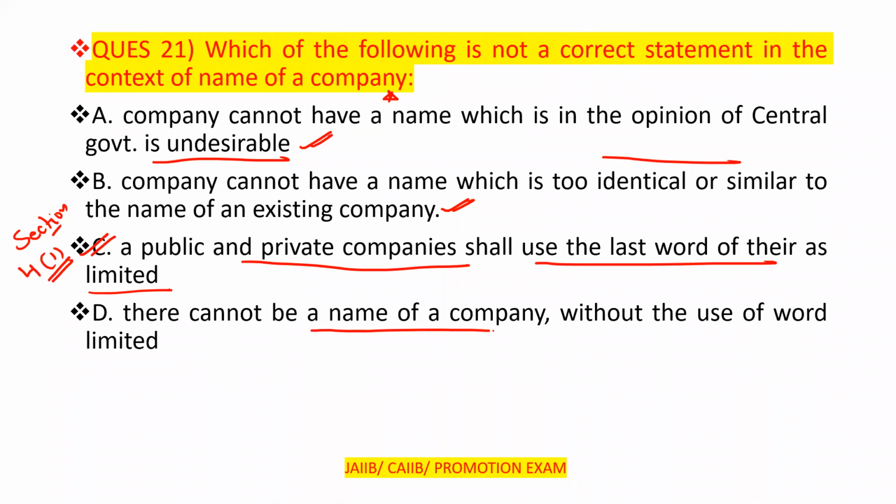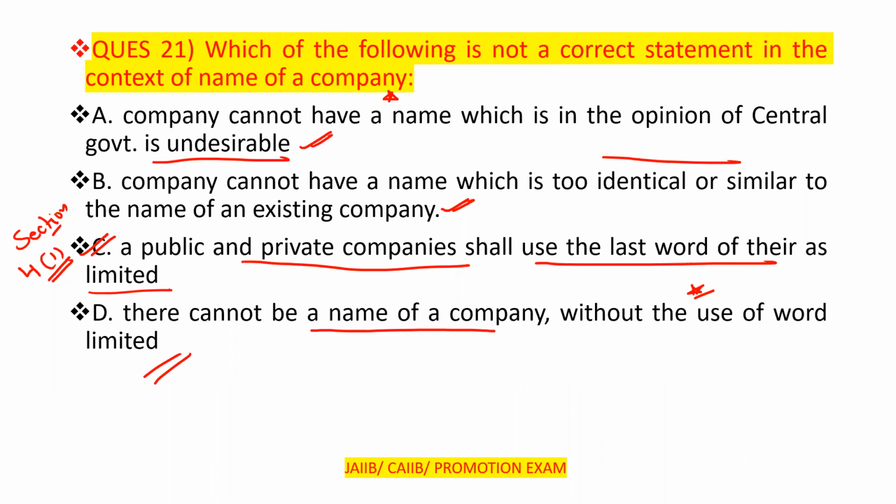There cannot be a name of a company without the use of the word limited, clear. But there are some companies where there is no word limited in the name, clear. Even without the word limited there are also companies.